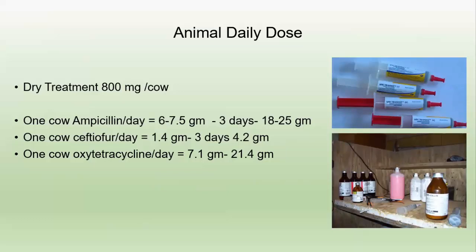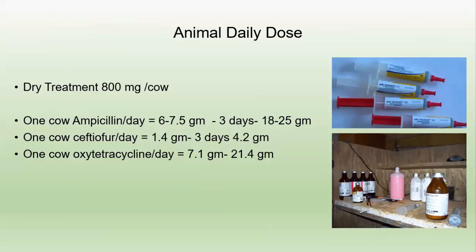For instance, if a cow receives ampicillin, which is a commonly used drug for a variety of reasons, but could be for mastitis, then each daily dose of ampicillin is actually large in terms of total grams. And if she receives that dose of drug for 3 days, she will receive 18 to 25 grams of total antibiotic.